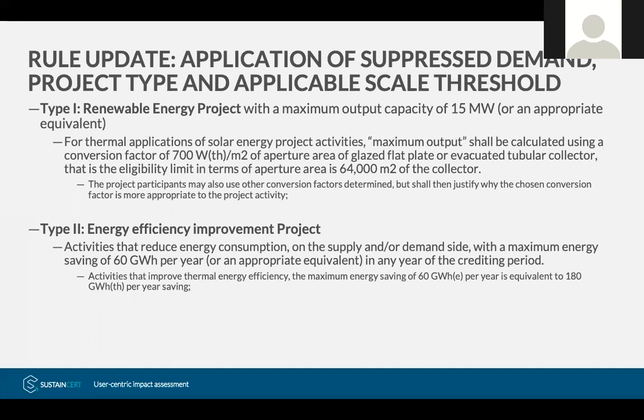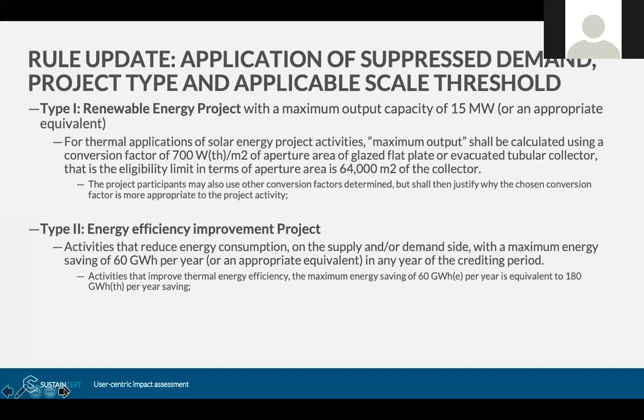So moving on to type 2 project, which is an energy efficiency improvement project. I think this one also is pretty straightforward. So examples could be high efficiency biomass fired devices like cook stoves or improved ovens or dryers, which replace existing devices, or there could also be energy efficient improvements in existing biomass fired cook stoves or other similar devices.